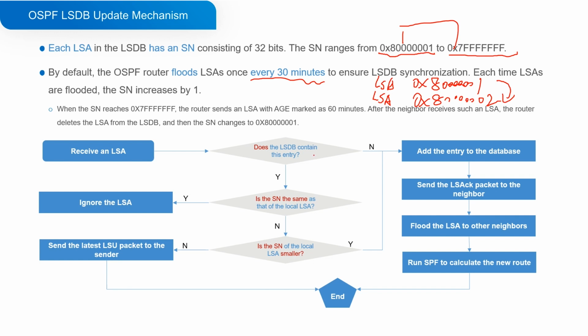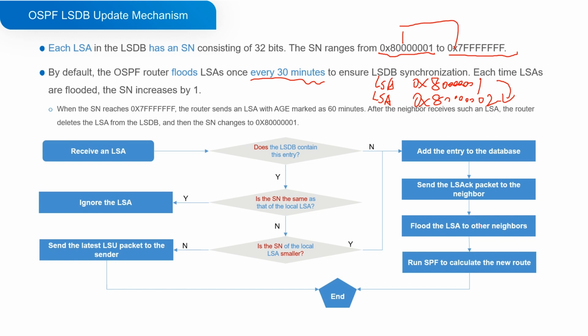If we don't have this entry, we have to add this entry to the database, and after this we will send the RSACK packet to the neighbors, because the neighbor sent the RSAU packet. We have to reply with the RSACK to the neighbors. After this, we flood the RSA to other neighbors, because we got the newest RSA information. We have to do the flood.